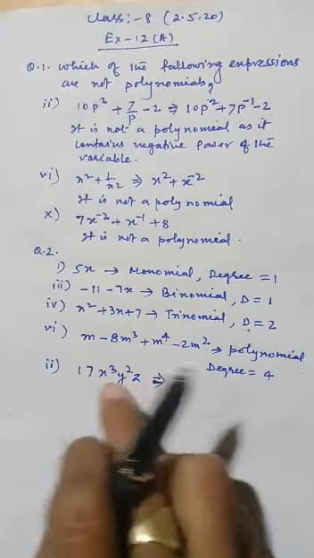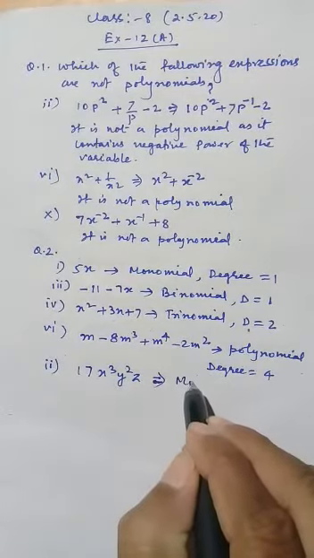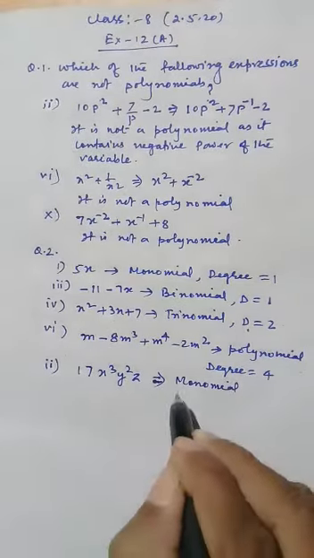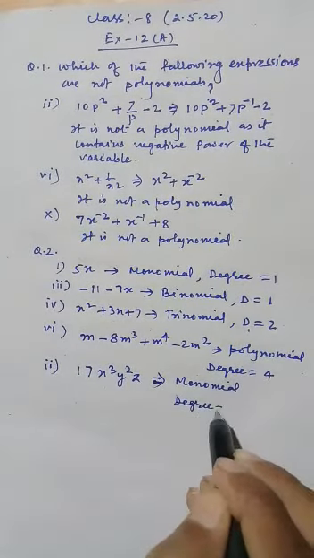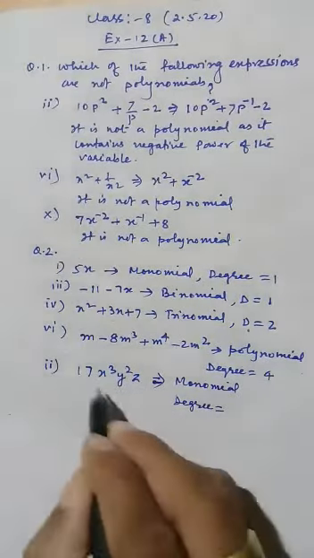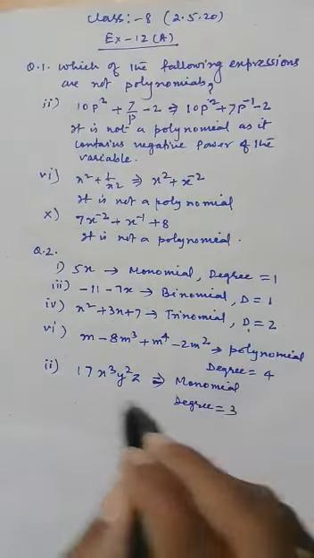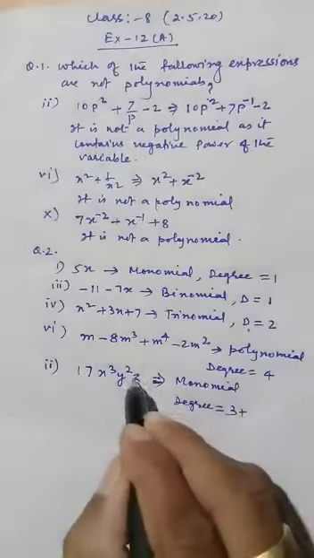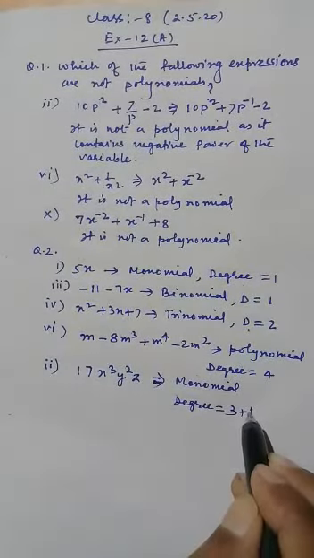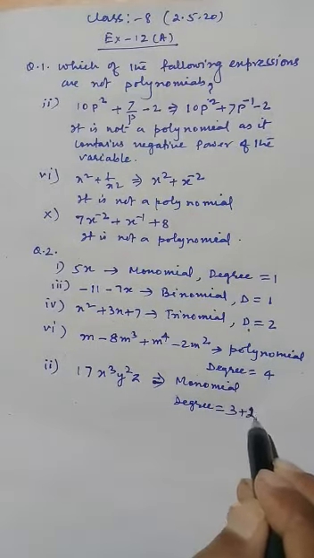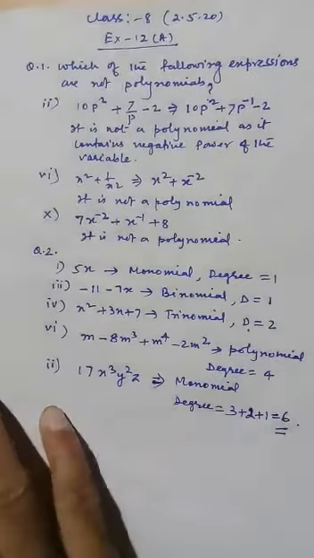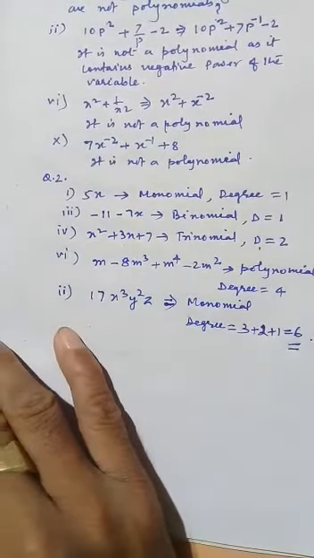So since we have one term, it will be monomial, and degree will be equal to sum total of the powers of x, y and z. Power of x is 3, power of y is 2, and power of z is 1. Then 3 plus 2 plus 1 is equal to 6. So 6 is the degree of this given polynomial.